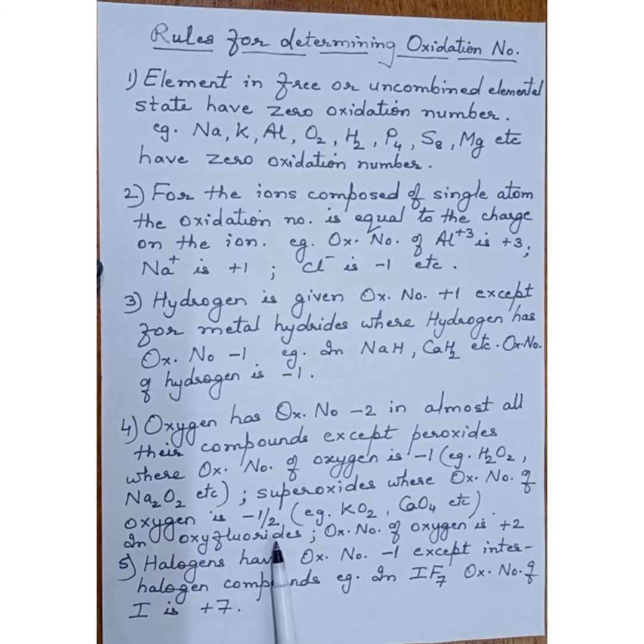In oxyfluorides, the oxidation number of oxygen is +2. Halogens have oxidation number -1 except in interhalogen compounds, where it can vary.